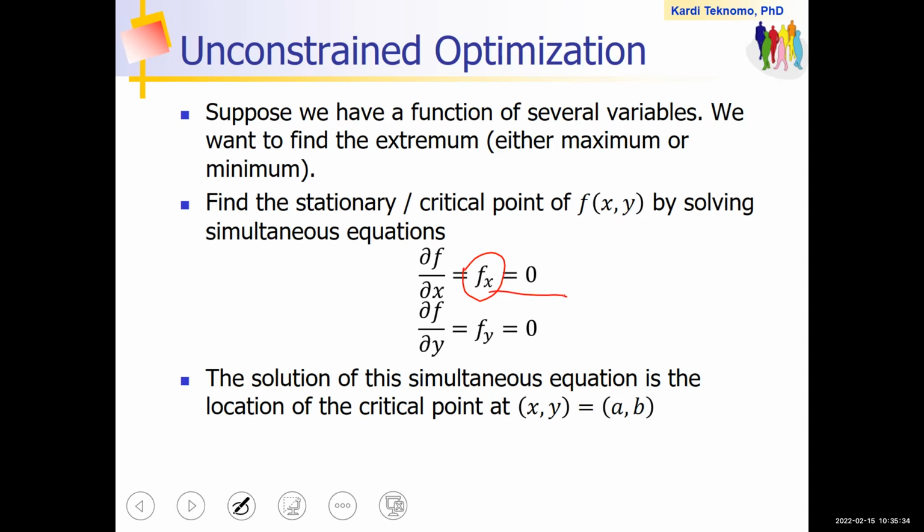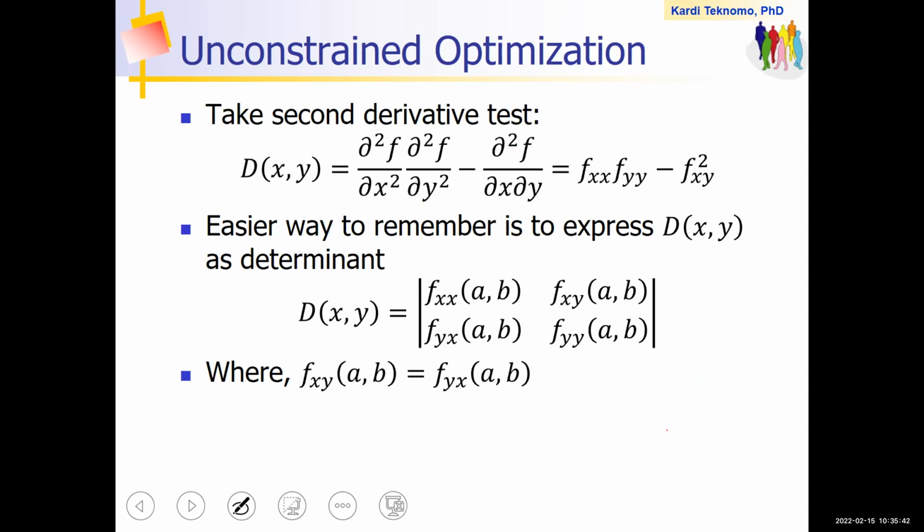Then again we set it equal to 0. The solution will be the critical point. For the second derivative test, you take the determinant of the second derivative.